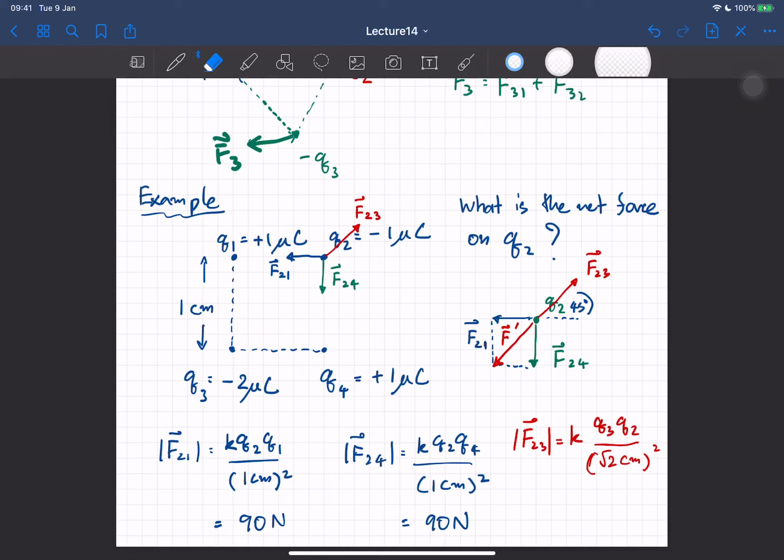If you don't believe me, you can verify it by yourself. So again, this side is longer than 1 centimeter. Make sure you understand why that's the case. So I calculate this anyway. So Q3 is 2. That's the difference. Don't forget that you have different charges. Q2 is 1. And then divide by.